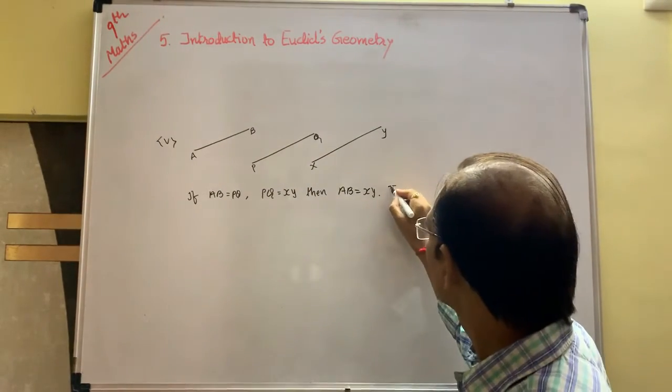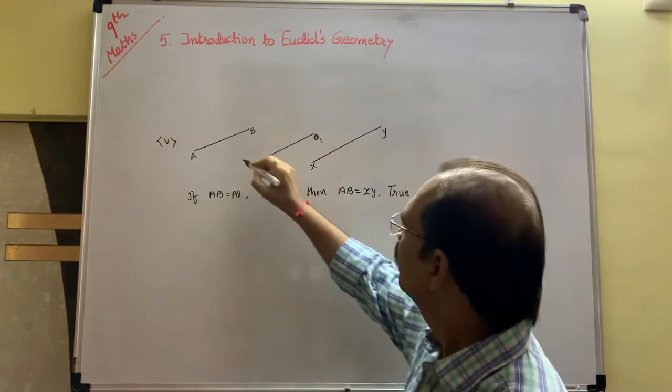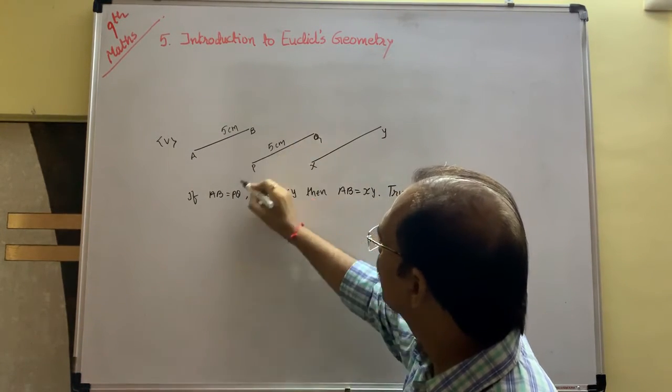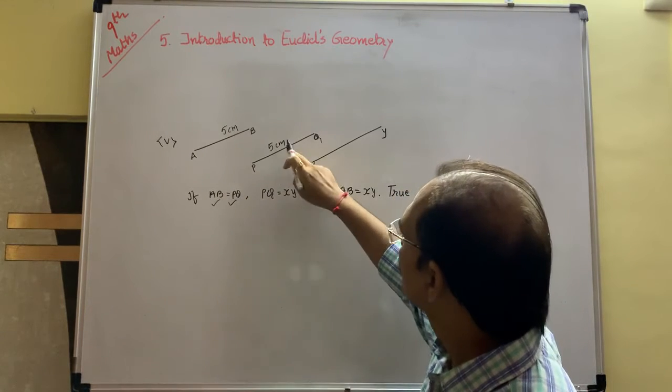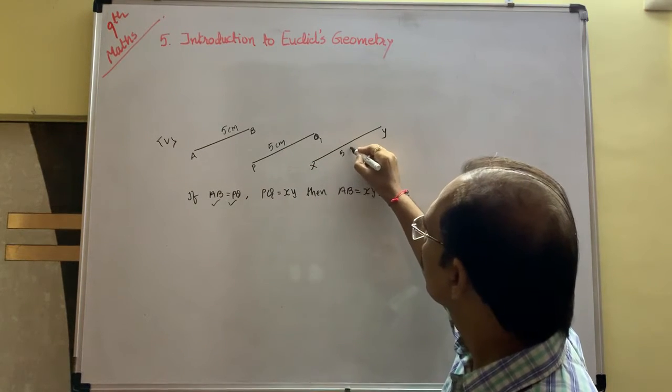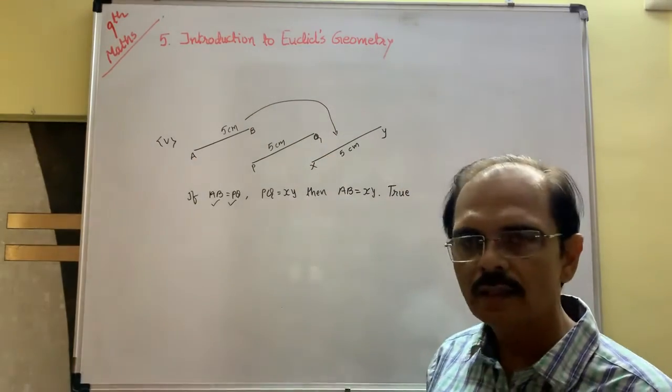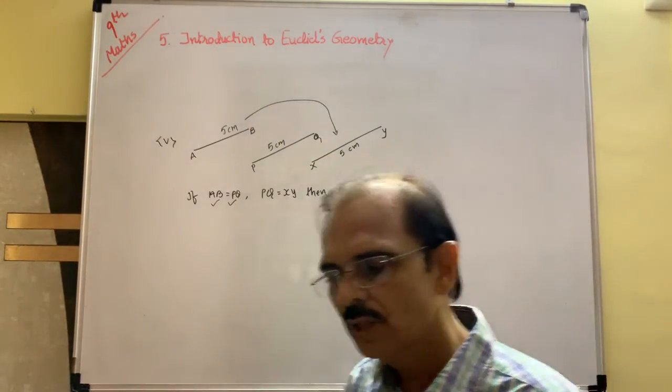So the answer is what? If AB is 5 centimeter, PQ is 5 centimeter, means AB equals PQ. Now PQ and XY are the same, so XY is also 5. So now you can say that AB and XY are equal. This is your question number 1.